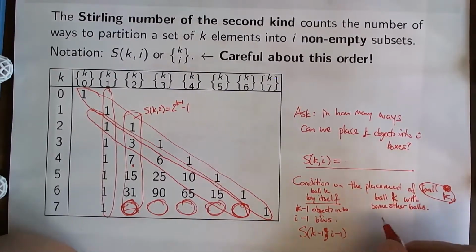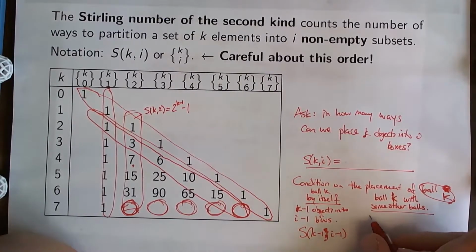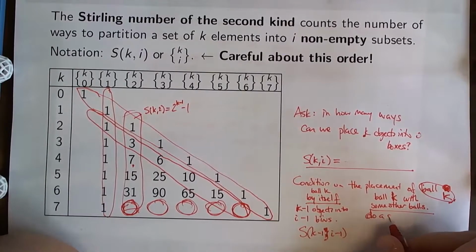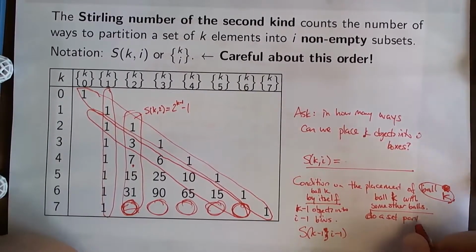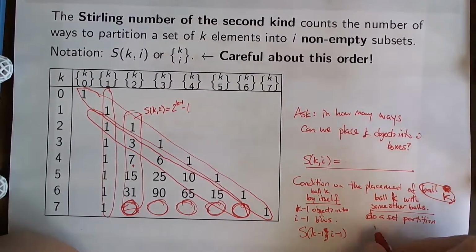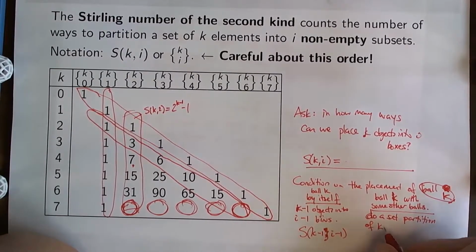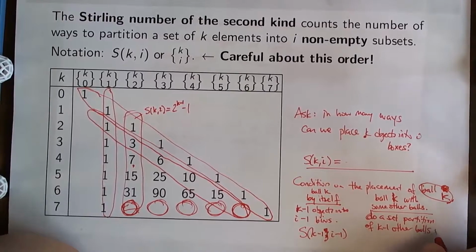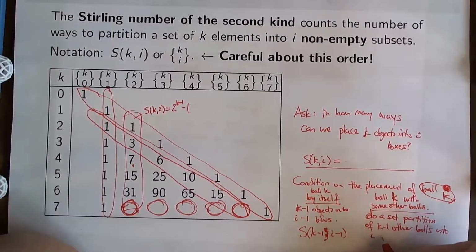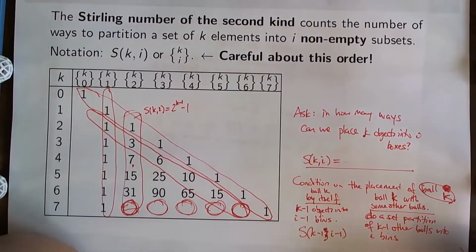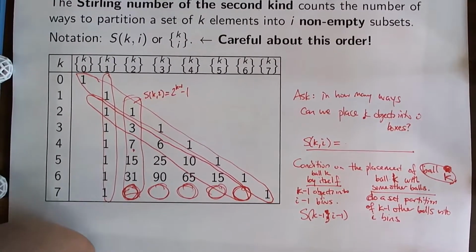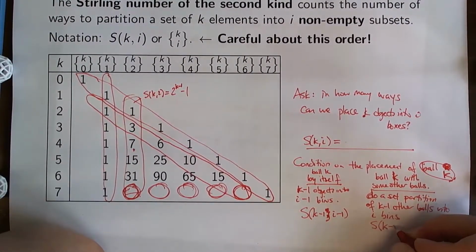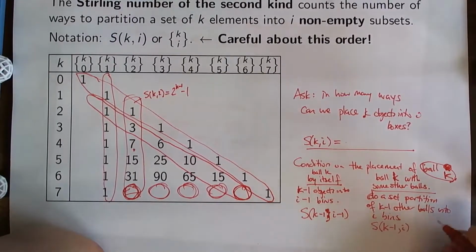If ball k is with some other balls, then we need to do a set partition of the k minus 1 other balls into i bins, and that is S sub k minus 1, i ways.